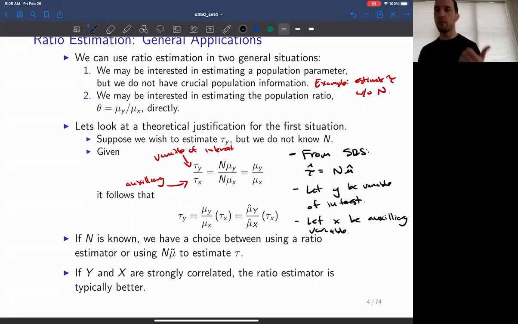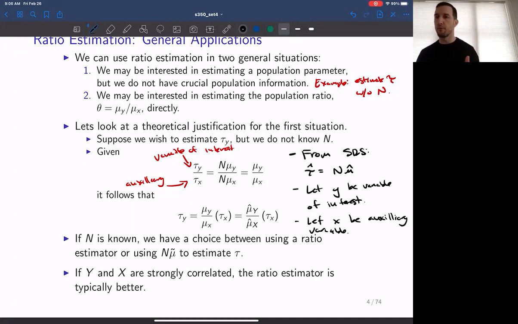We know that tau is equal to capital N times mu. This is going to be true for both the auxiliary variable and the variable of interest. So when we take the ratio of tau y to tau x, we then have capital N times mu y divided by capital N times mu x. Capital N is going to be the same quantity in this case because you can effectively think of the variable of interest and the auxiliary variable as being two variables from the same population.